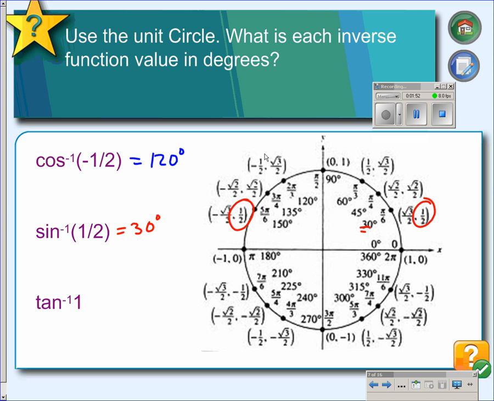Okay, finally we have inverse tangent of 1. Since a tangent is sine over cosine, we want a place where the sine and the cosine are the same number, so that sine over cosine equals 1.